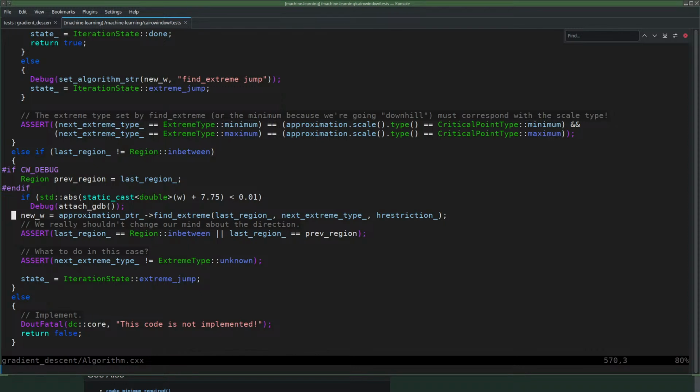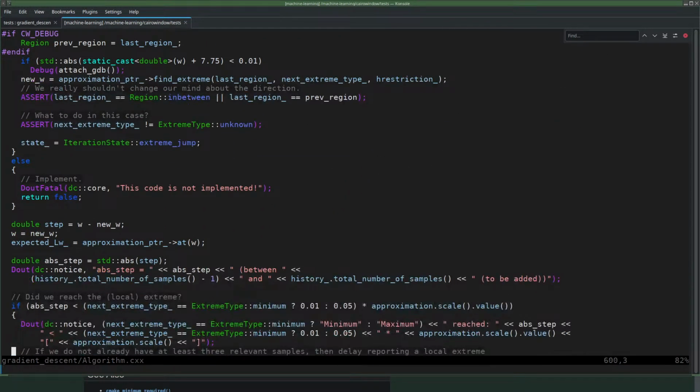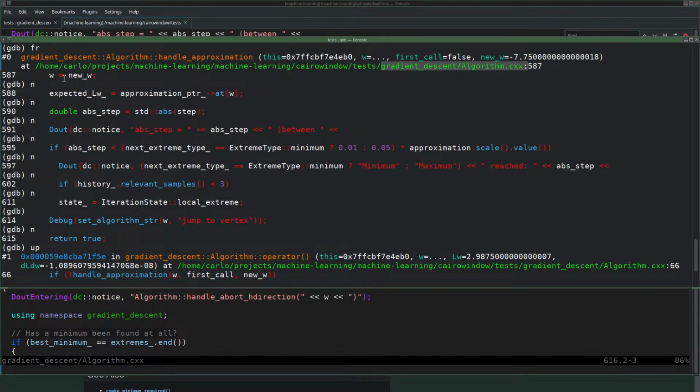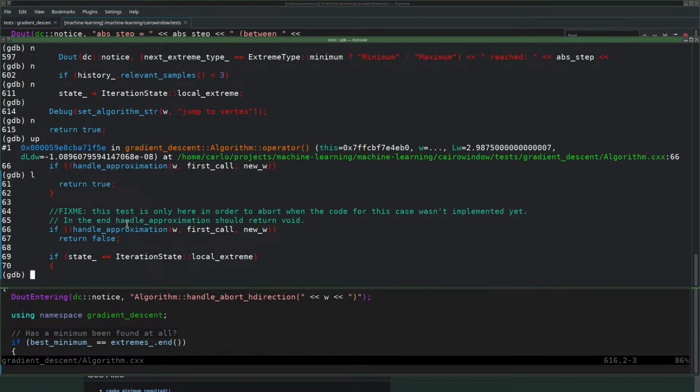Let's not do that here. So instead I'm going to rely on the fact that the state was set to local extreme. And then we return, and then we get here.